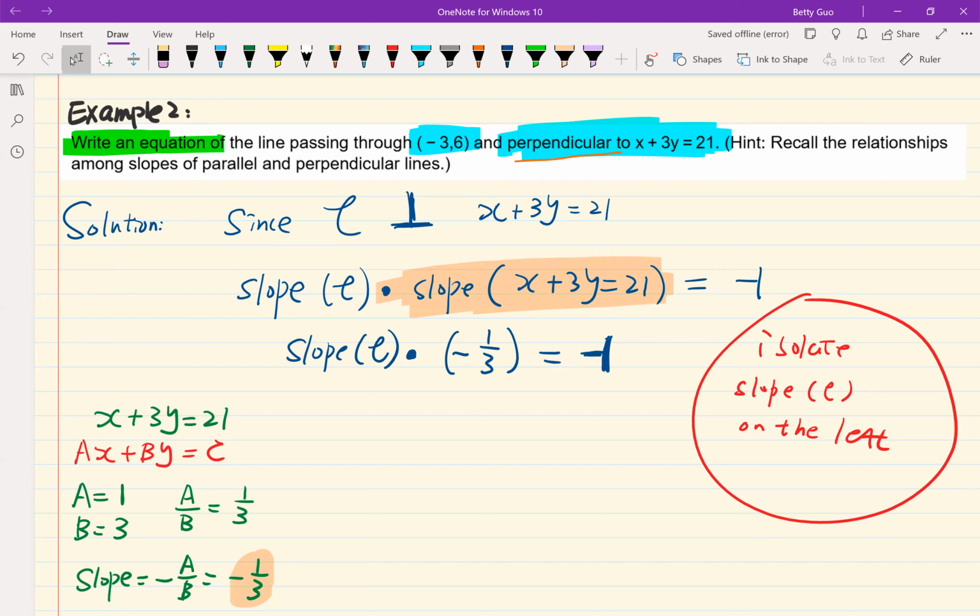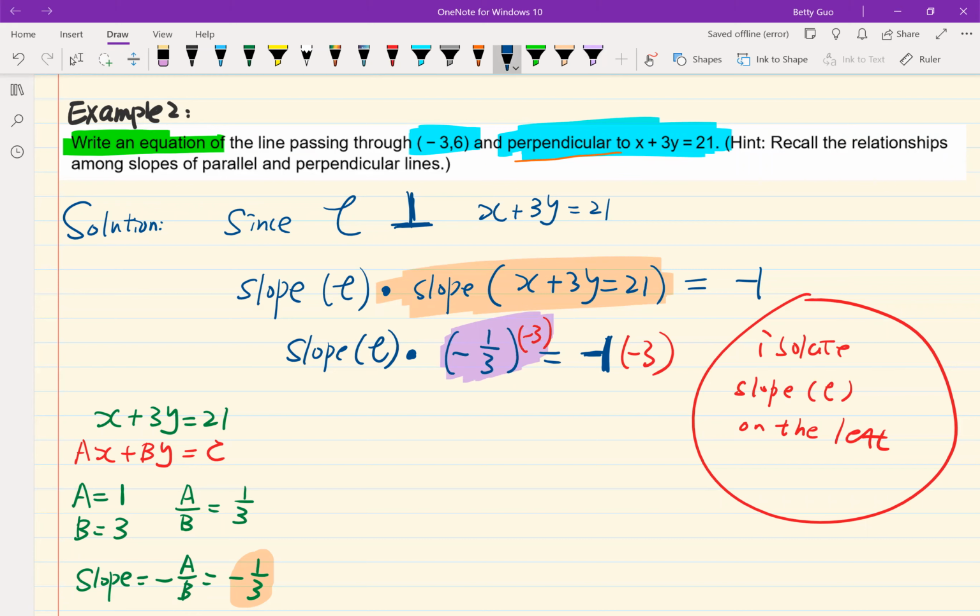Tell me what's the reciprocal of -1 over 3? -3, yeah. So we are going to multiply each side of the equation by -3. Multiply here by -3. Multiply here by -3, right? And -3 and -1 over 3, since they are reciprocals of each other, multiply to 1, right?